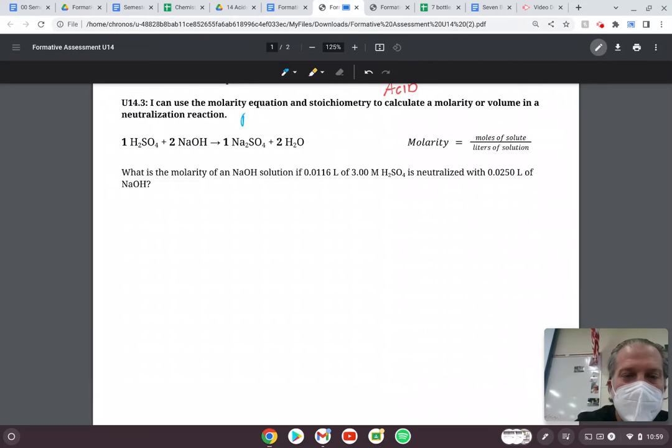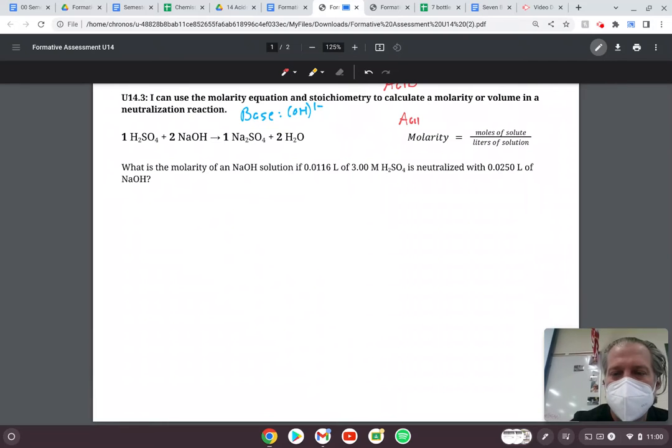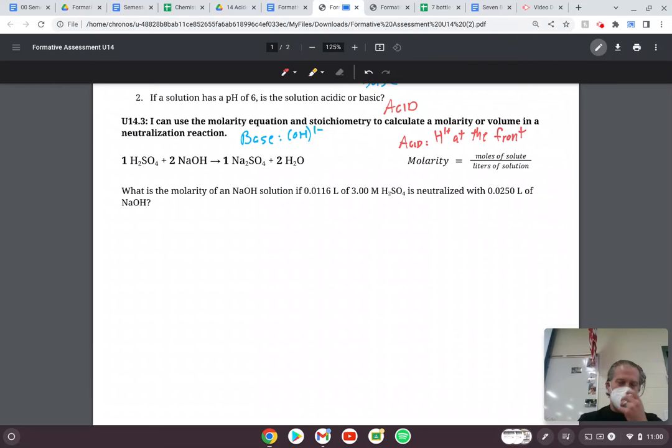OH, for sure. If you have a base, you should be looking for the polyatomic ion hydroxide. If you're trying to identify if an acid is present, you're usually going to be looking for, in the scope of this class, hydrogen at the front of the formula. So with that in mind, the base that I'm going to be working with here is NaOH.